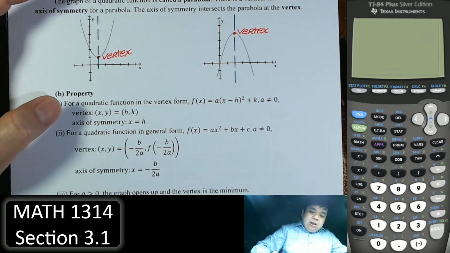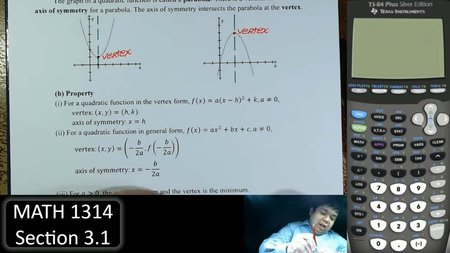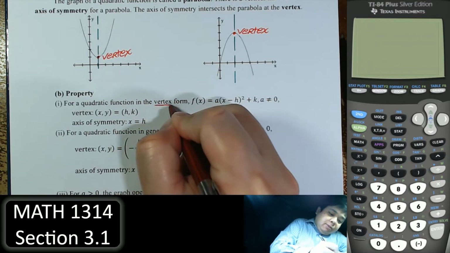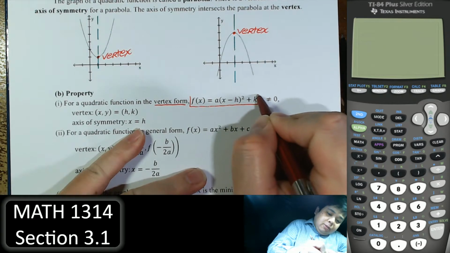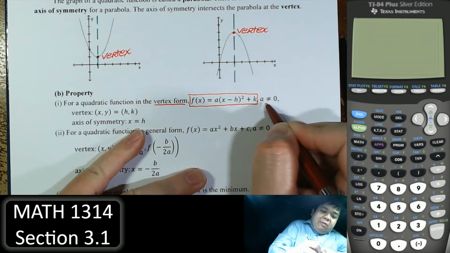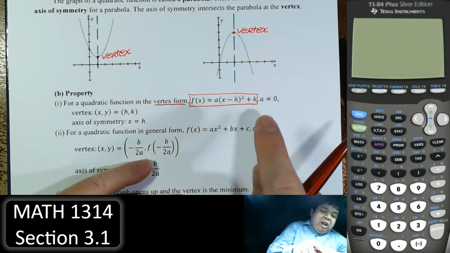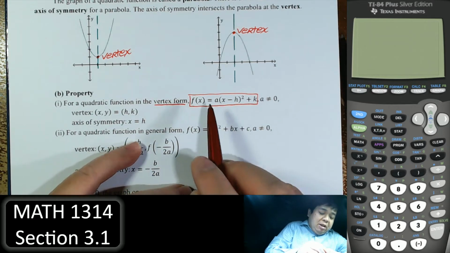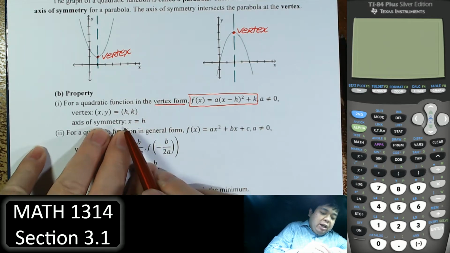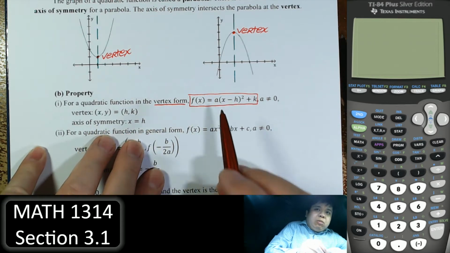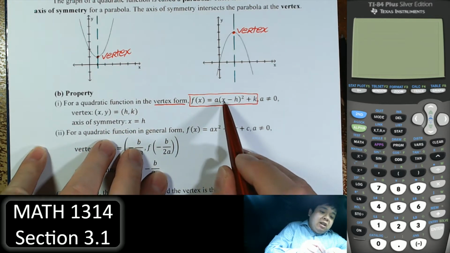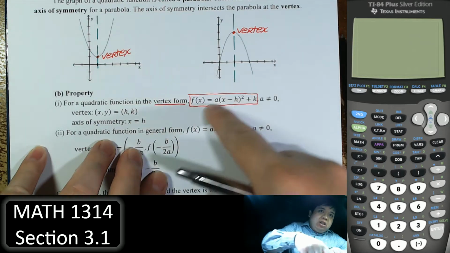If the equation is in the vertex form, of course, if a is equal to 0, then we don't really have a quadratic function. In this form, the vertex is (h, k), and the axis of symmetry is x equal to h. We learned in section 2.5 that the standard x squared is just a parabola.